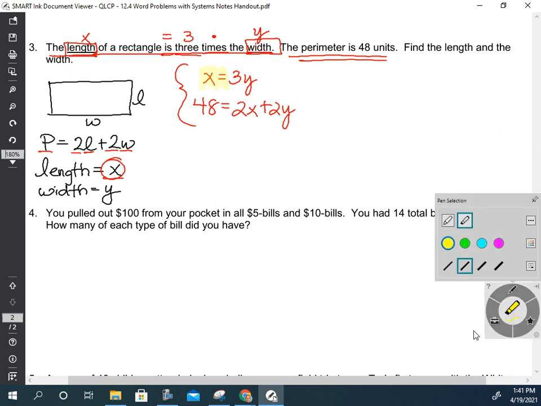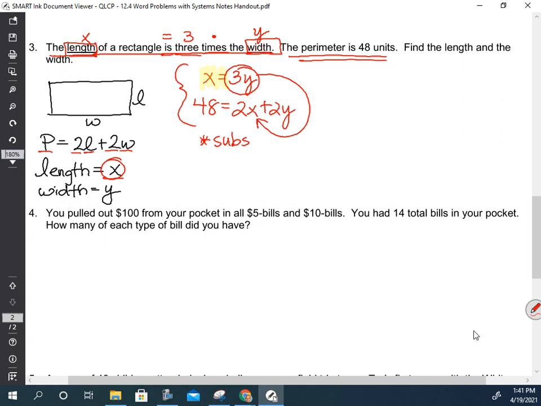X equals 3y, so this is a substitution problem. Take 3y, plug it in for x. 2 times 3y plus 2y. 2 times 3 is 6. 6 and 2 is 8.